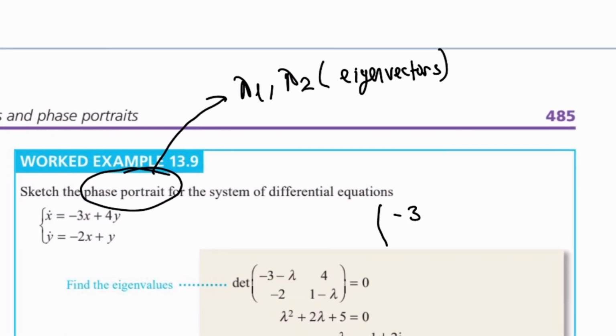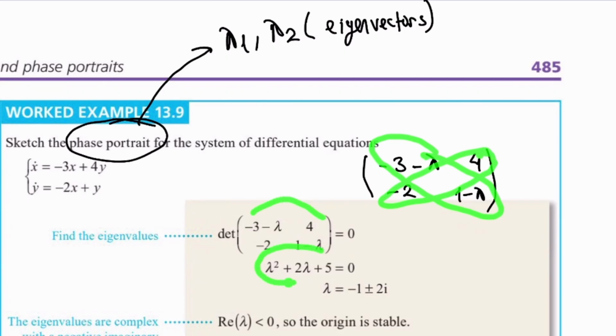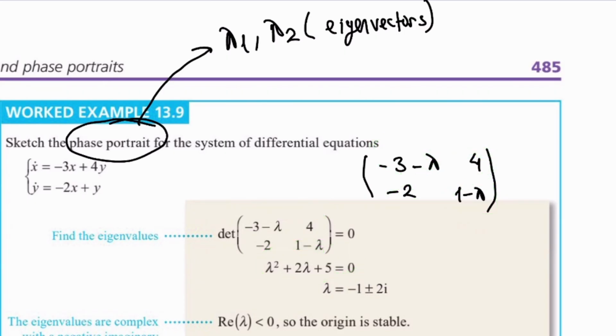Coefficient matrix. Okay. Then the determinant of this one equals to 0. So this times this, minus 8, you have an equation of this one, right? You're gonna get the equation of this.